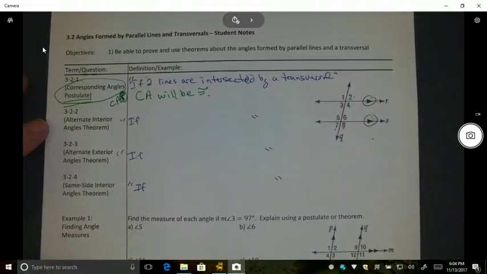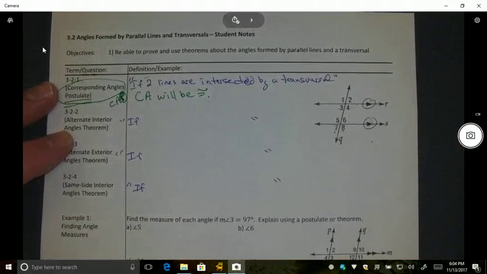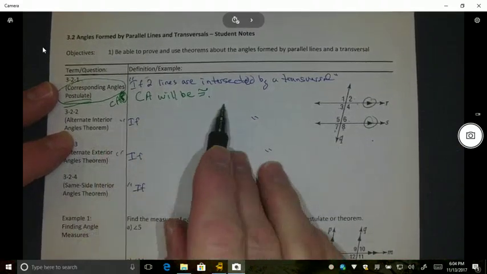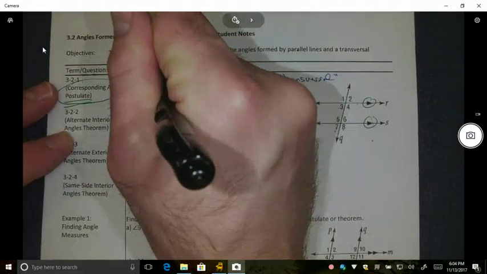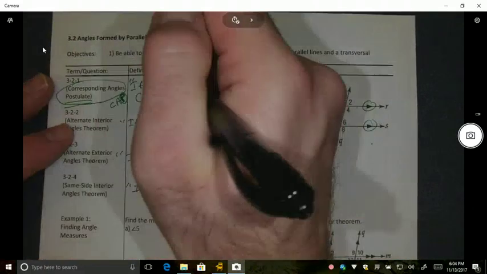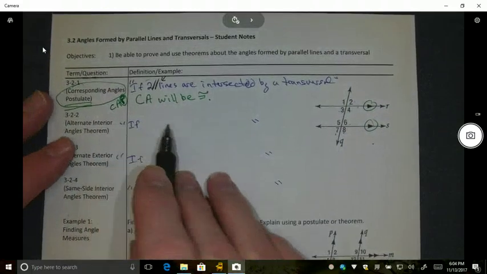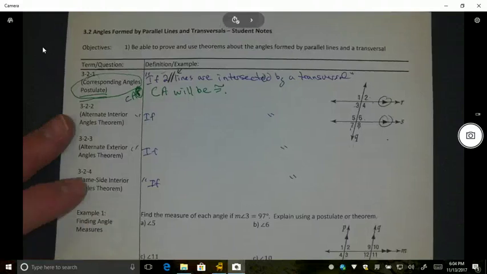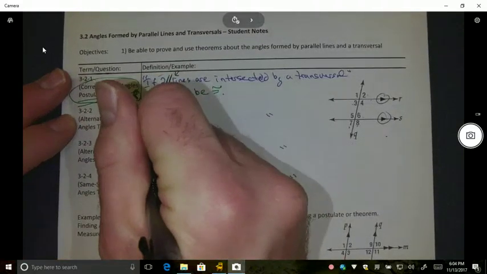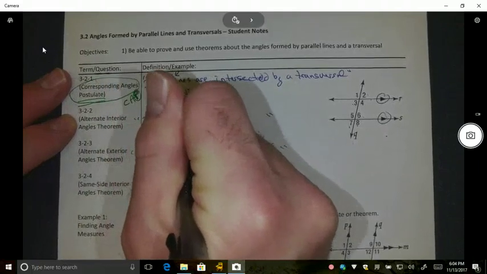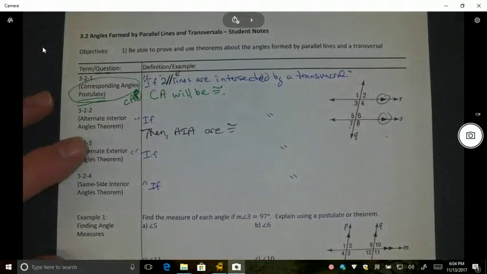For alternate interior angles, in that case angle 3 and angle 6, angle 4 and angle 5, let's make sure to insert that it has to be two parallel lines intersected by a transversal for all four of these things to be true. If two parallel lines are intersected by a transversal, then alternate interior angles are congruent. This is a theorem.